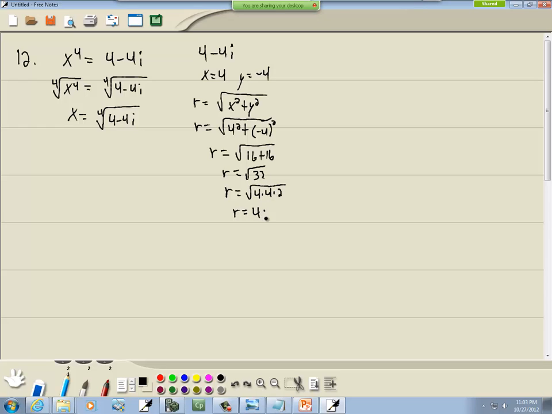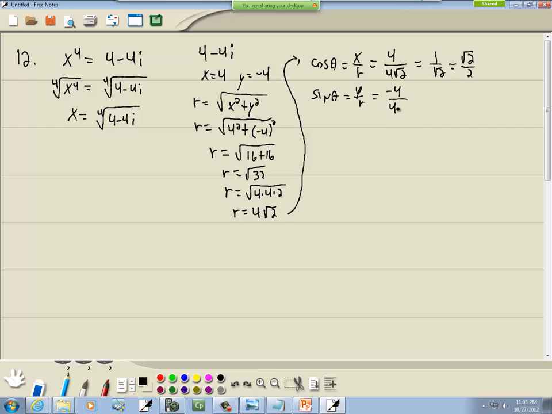So we get r is equal to 4 square root of 2. Now, cosine theta is equal to x over r, and sine theta is equal to y over r. Well, x is 4, and r is 4 square root of 2, so that gives us 1 over square root of 2, which is square root of 2 over 2. And sine, we have negative 4 over 4 square root of 2, which gives us negative square root of 2 over 2.